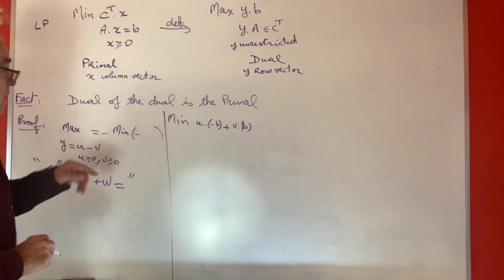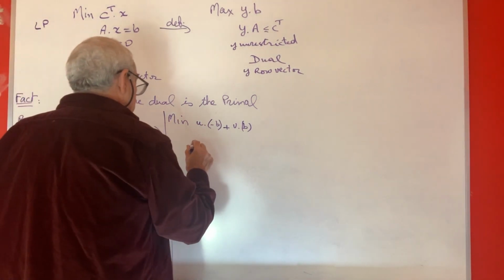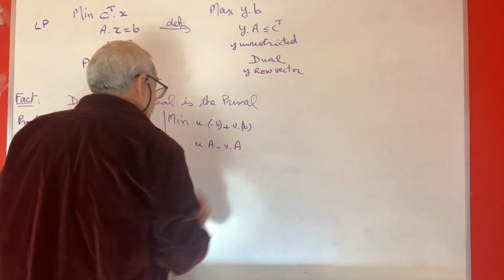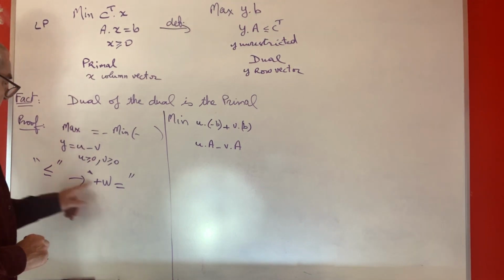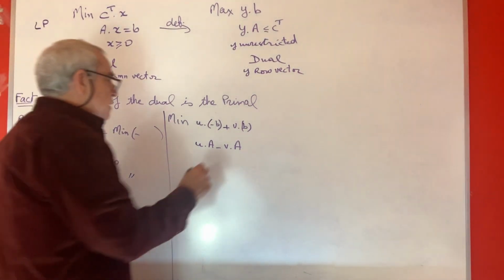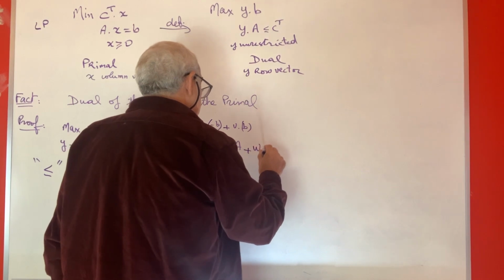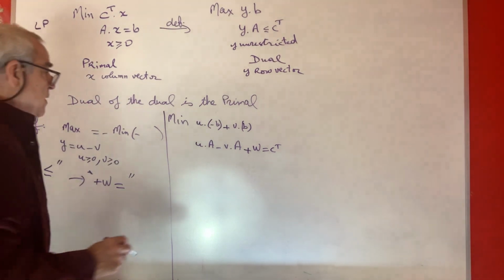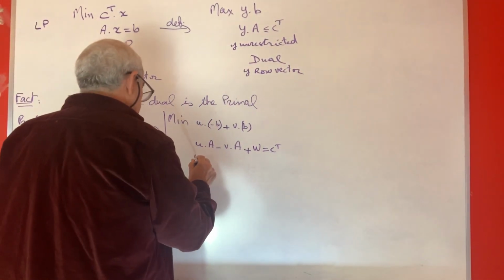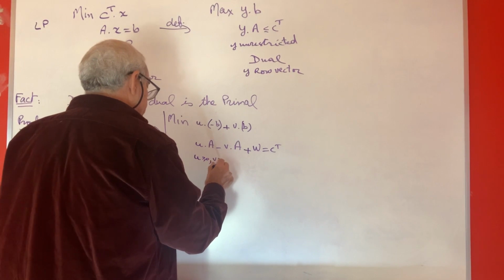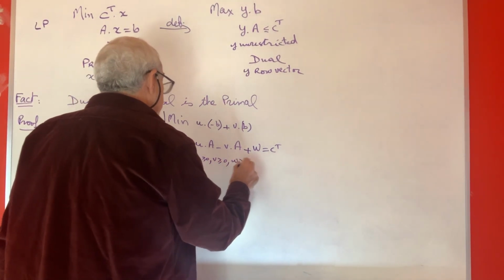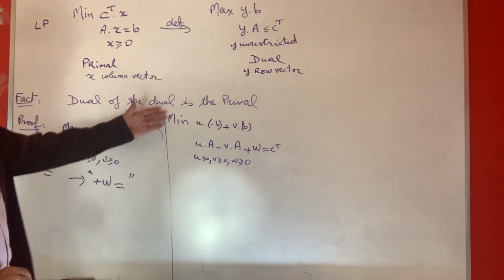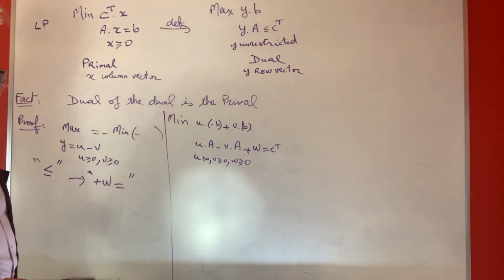And then Y times A, so that's u times A minus v times A, right? And then I add the w, plus w equal to C transpose. And then here everything is greater or equal to 0. So u is greater or equal to 0, v is greater or equal to 0, and w is greater or equal to 0. All right? So now it's in standard form.